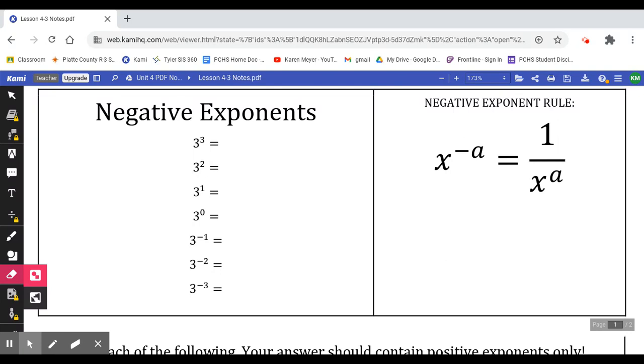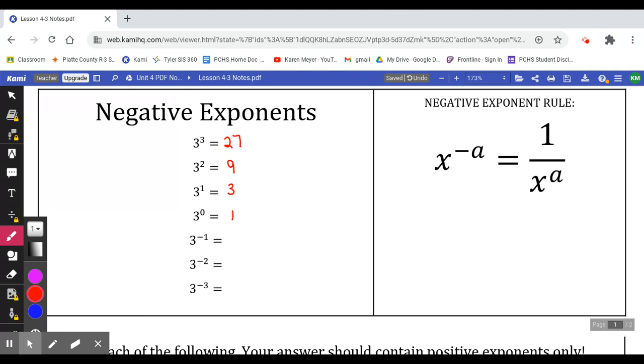If you were to take out your calculator and you did 3 raised to the third power, you should get 27. If you take 3 to the second power, you should get 9. 3 to the first power is 3. 3 to the 0 power is 1.